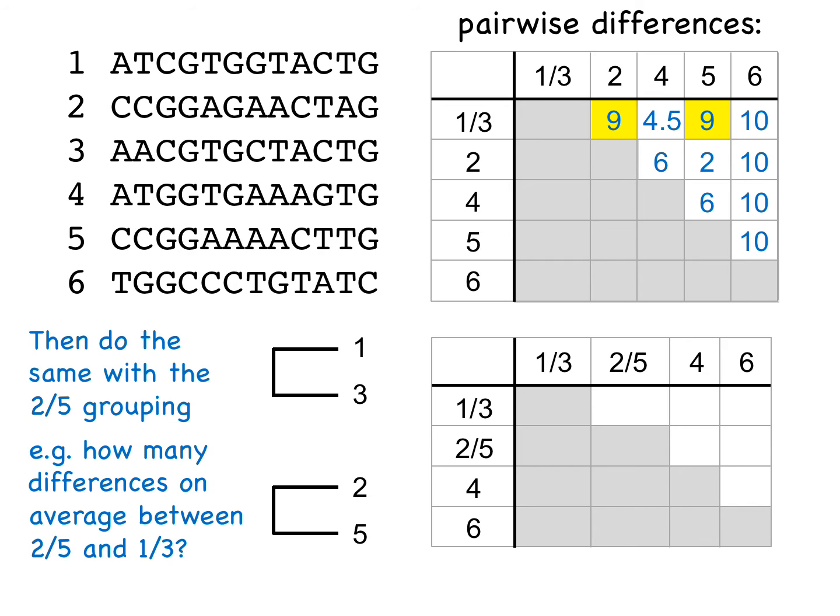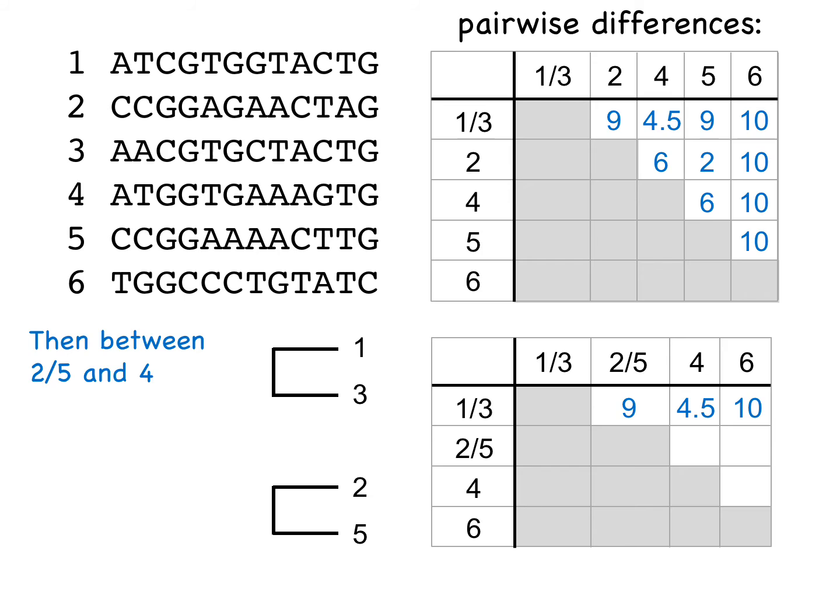I'm going to take that value and put it in the table below. All right. And then I'm moving these other ones down to the table below because I'm just borrowing that information. We don't have to redo those calculations because we've already done them. Then we're going to look at the average number of differences between group 2 and 5 and 4.